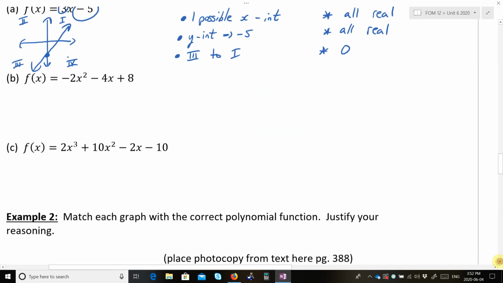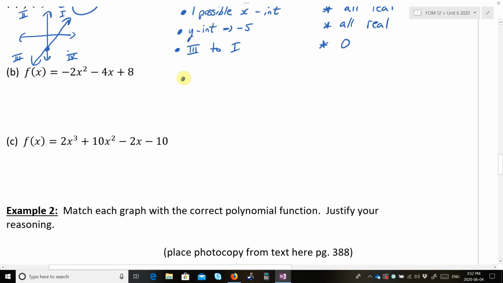Okay, let's try letter B here. So just from the equation, the number of possible x-intercepts is the highest power of x. So we can say 2 possible x-intercepts. The next bullet is the y-intercept, which is the constant term. So the y-intercept is 8.